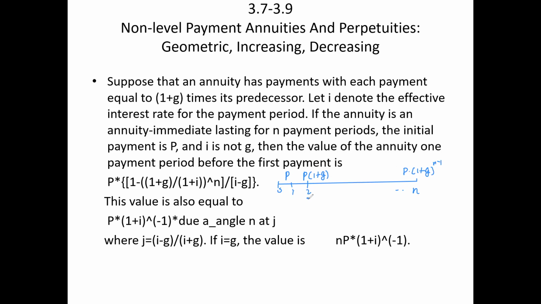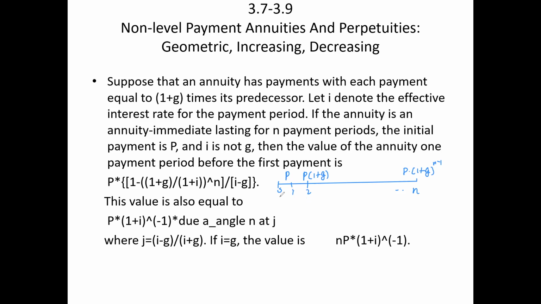You see, you have 1 plus G to the 0 here, 1 plus G to the 1, but you have time 2, so the power is 1 less than the time.